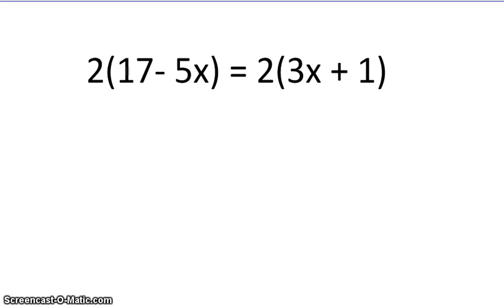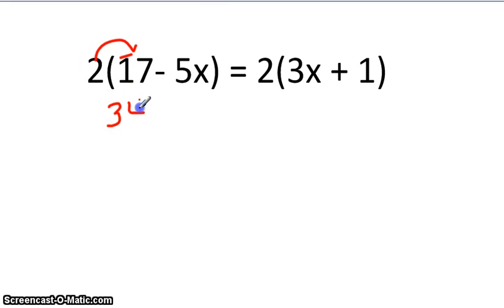Now let's look at some examples. In example number 1, I have grouping symbols on both sides of the equation, but I always go through my steps. So step number 1 is to clear all fractions. I have no fractions, so I'm going to skip that step. And then step number 2, I have parentheses, so I'm going to use the distributive property.